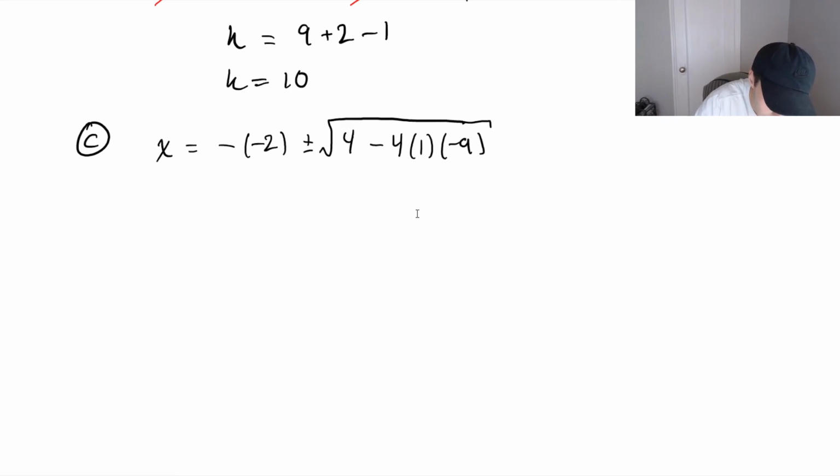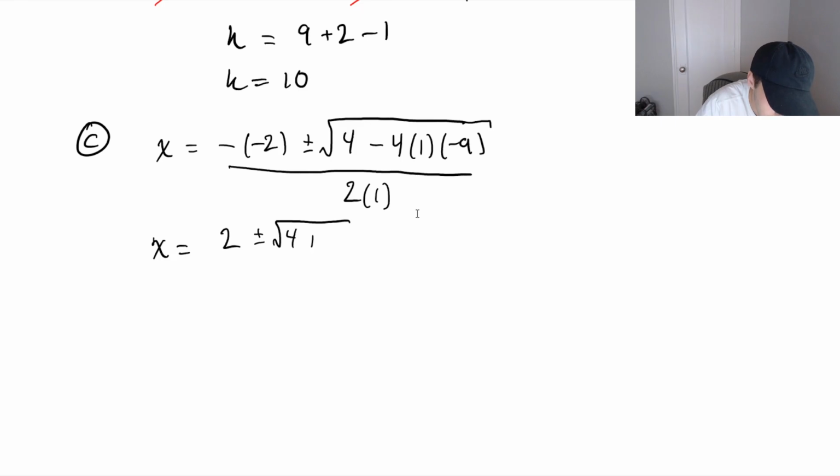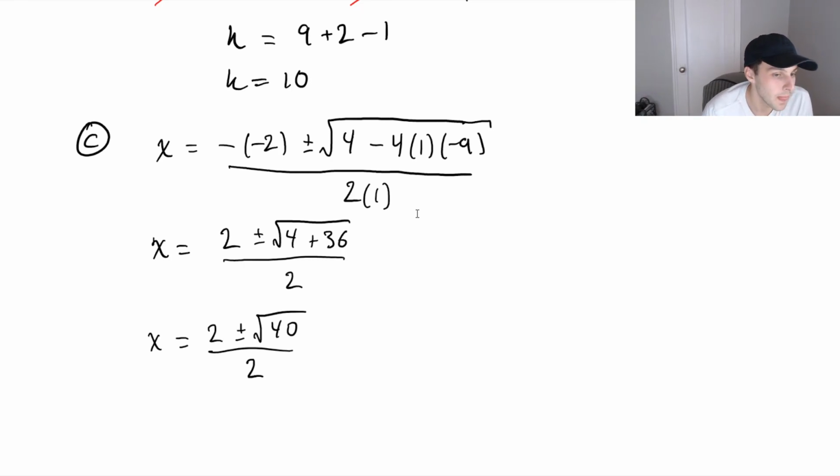All of that over 2a, where a is 1. This way we're going to be left with 2 plus or minus square root of 4 plus 36, all over 2. Then we're left with 2 plus or minus square root of 40 over 2.